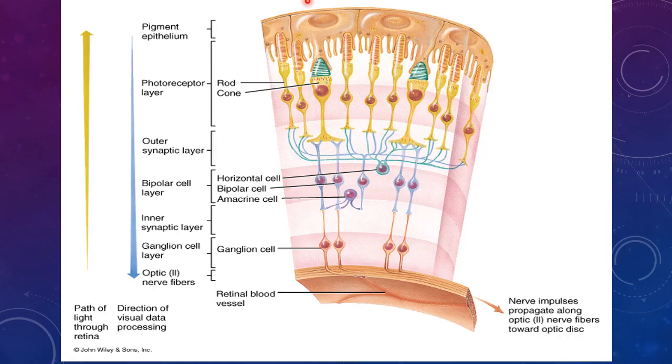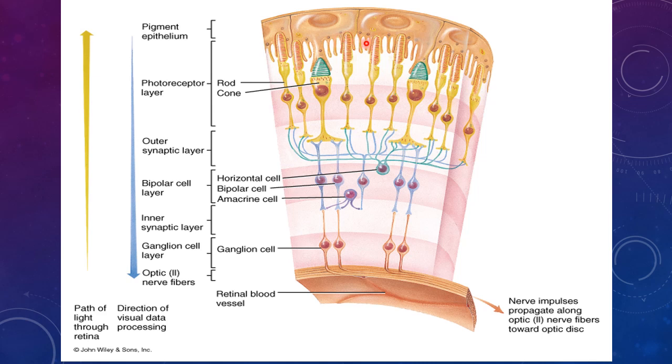So here you can see the structural organization of the retina. First of all is the pigment epithelium, the retinal pigment epithelium, which is cuboidal to low columnar, having basal nuclei, and the cells are joined together by tight junctions making up the retinal blood barrier.